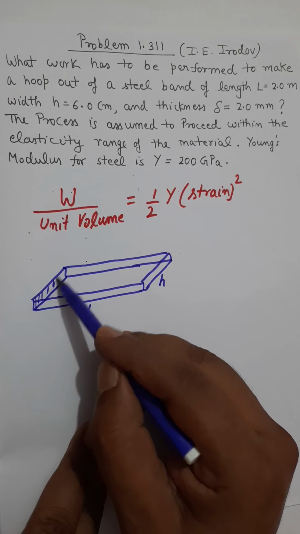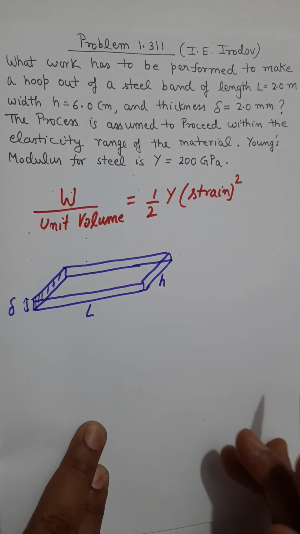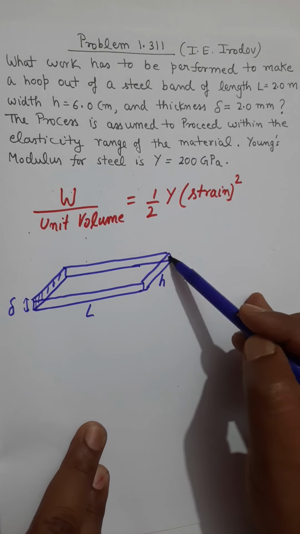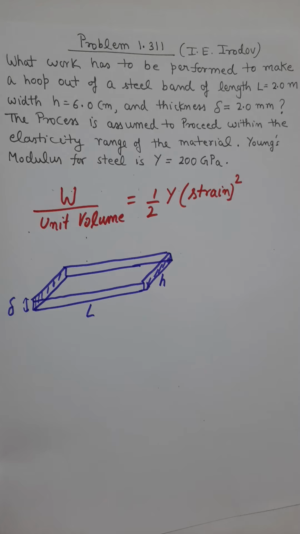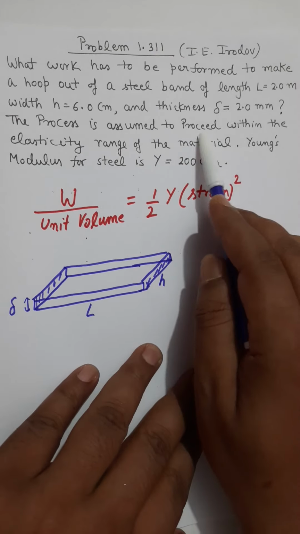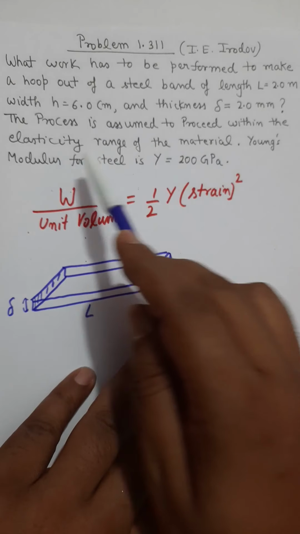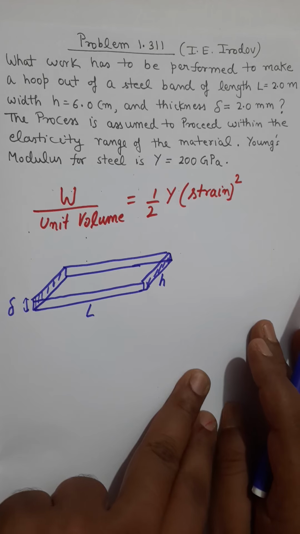So this is my band, a rectangular band. Its thickness is given as delta. Now we are deforming it, and the process is assumed to be elastic, within the elastic limit. That means Hooke's law can be applied in this question.